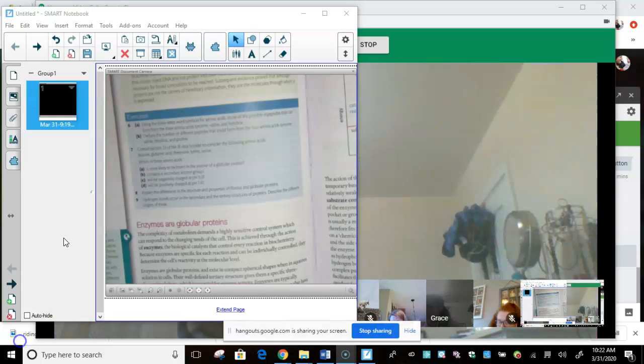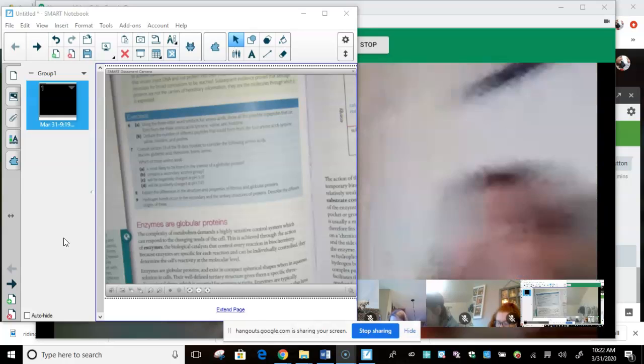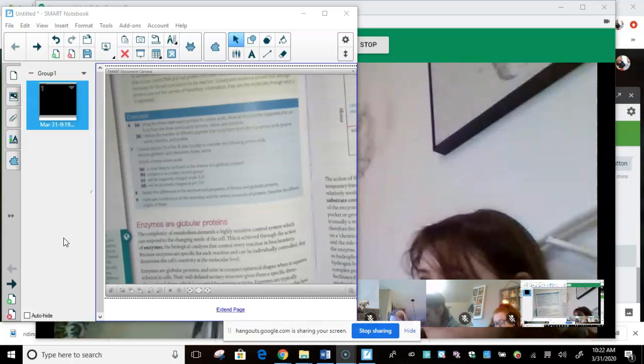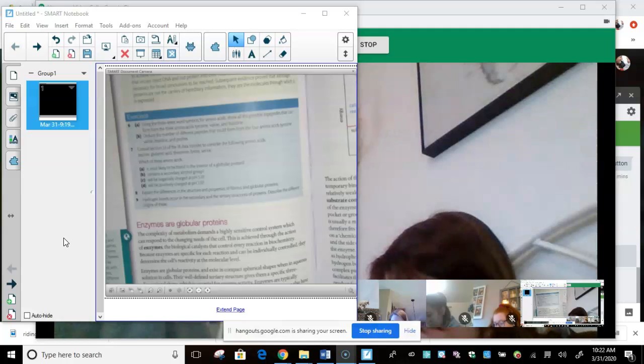All right, so thin layer chromatography. First step you need to do is take your protein sample and add a diluted hydrochloric acid, preferably warm, and this is to break down the peptide bonds that are connecting all the amino acids to form this protein.